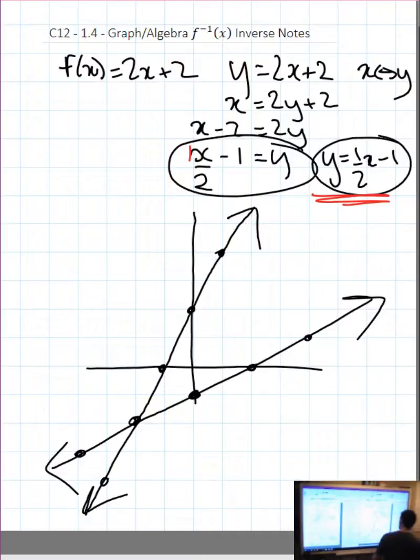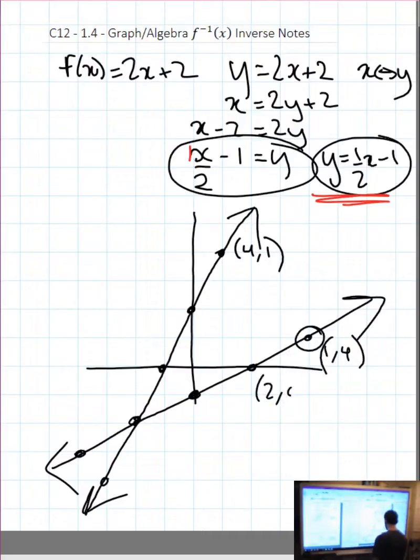And if you care to look at the table of values in the notes, we have a point like (1, 4), switching x and y to be (4, 1). A point (2, 0), switching x and y to be (0, 2). As we said before, we were going to do the inverse. Keep in mind, we have new notation.